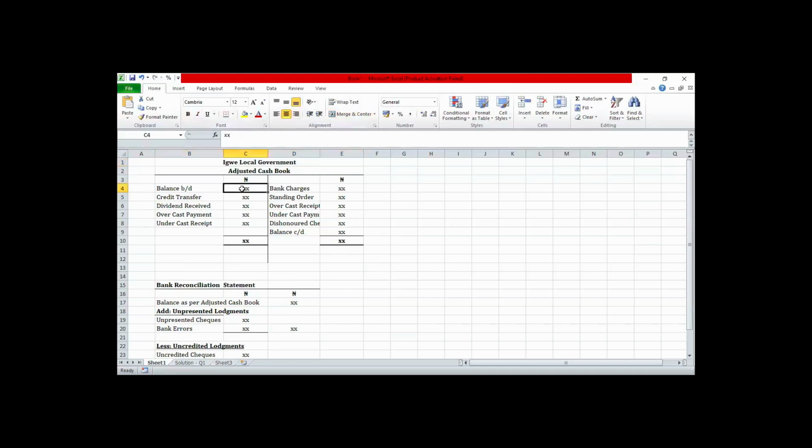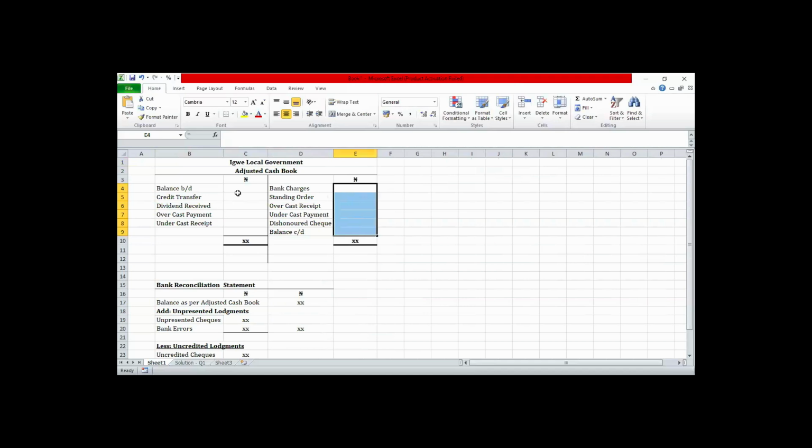Now, let's read the question. The cash book of Igwe Local Government Council has a credit balance of 21,000 naira on 30th June 20XX. A credit balance. When a cash book is having a credit balance, that's what?